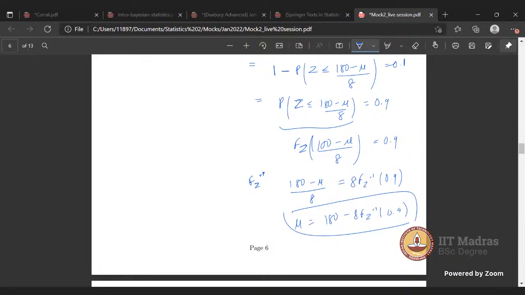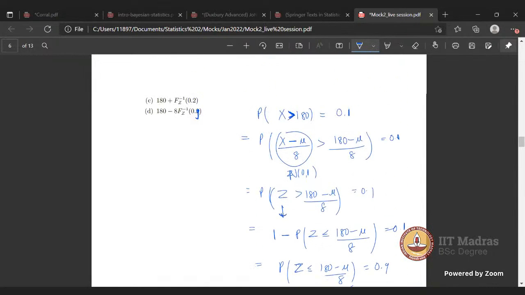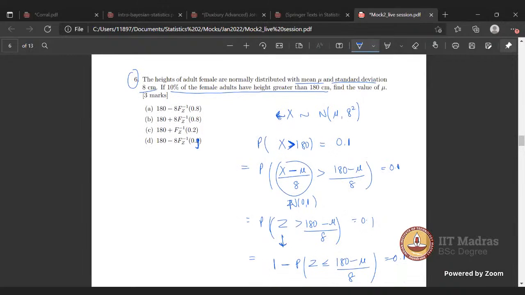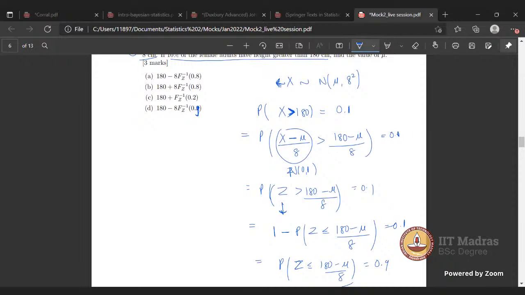Ma'am, here can we use the weak law of large numbers to solve this question? But we won't get the answer in terms of this F inverse, so that's the problem. Here there is no n, how do we apply this?